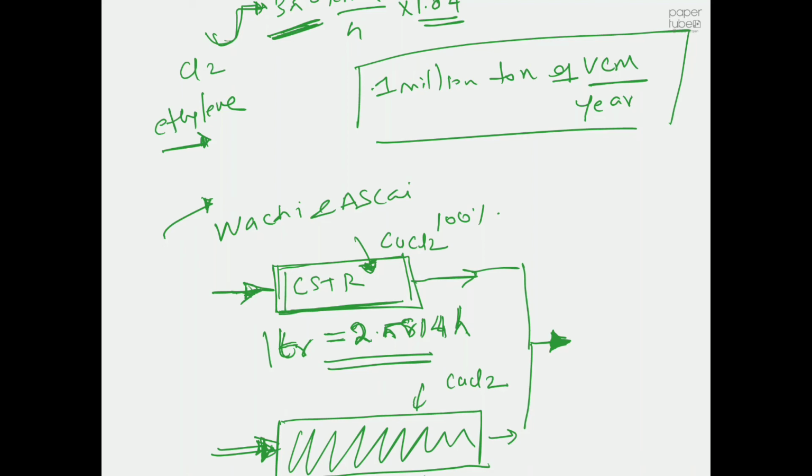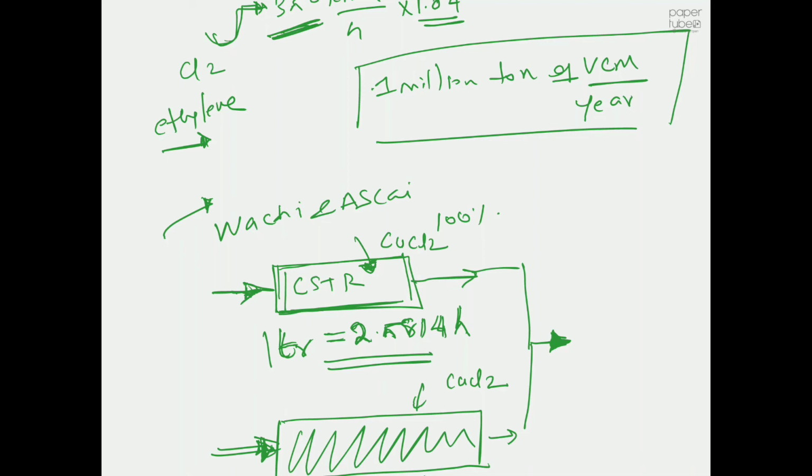The product stream is going to be a liquid, and the plug flow reactor gives some product stream, and we mix both of them. Remember the retention time, which ensures a complete conversion of your reactants to product.